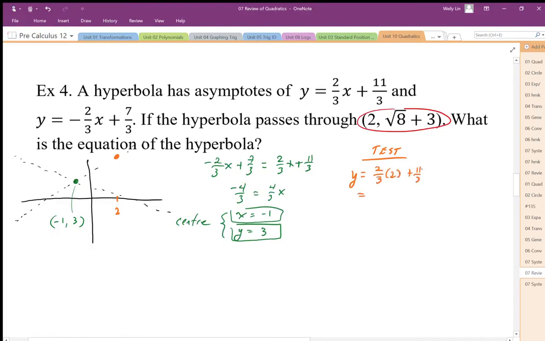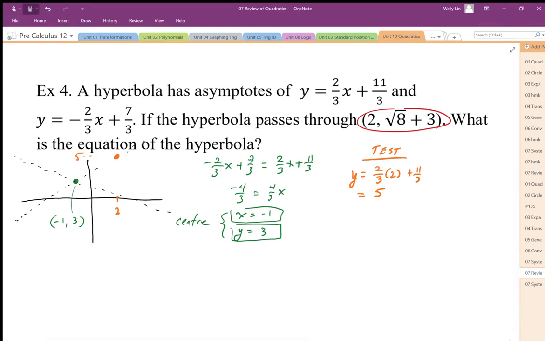When I plug this in, I end up with 15 over 3, or y equals 5. Just double checking my math, yes, that looks right. So the line is at y equals 5, and the given coordinate is above that line.